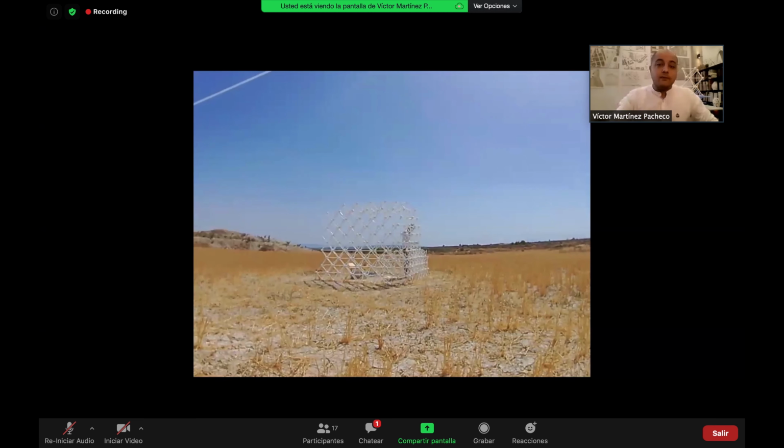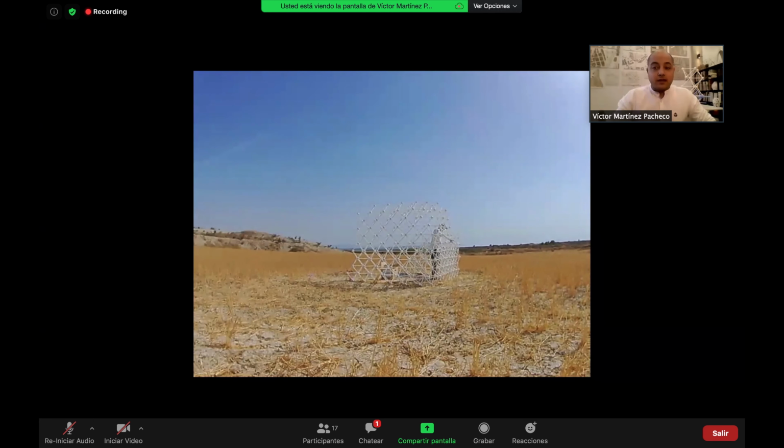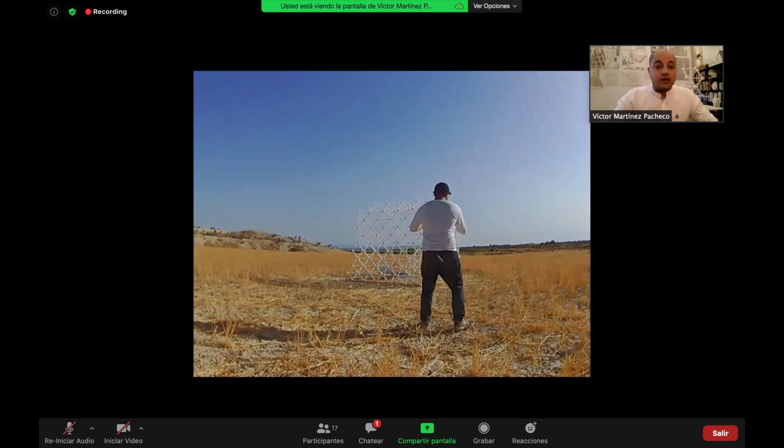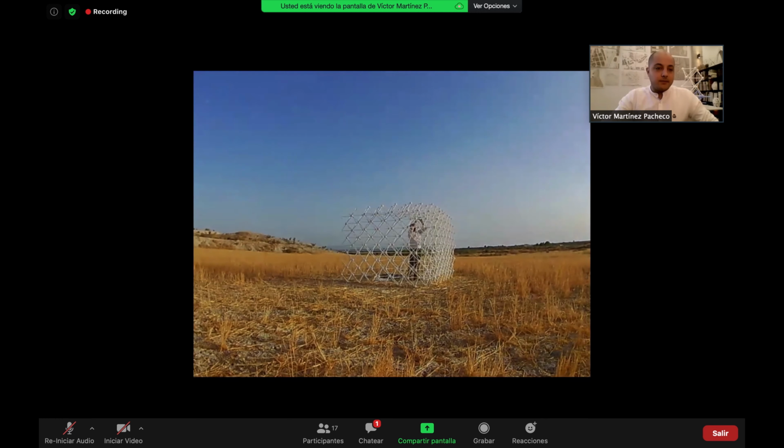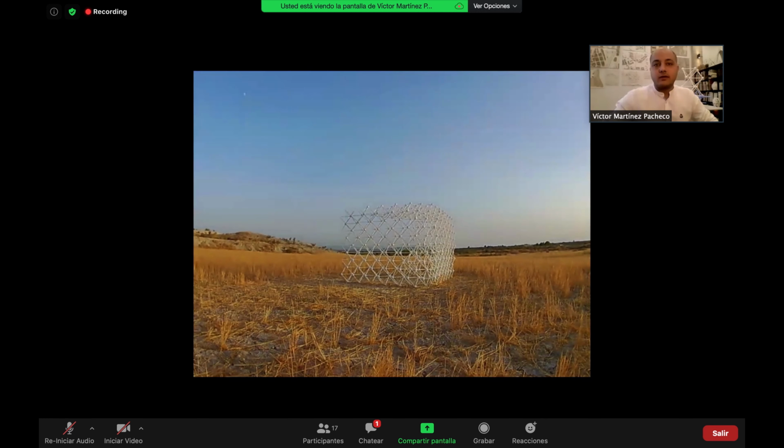As you can see in the time lapse, the assembly of the real scale prototype of 10 square meters took less than a day for a single person. These images were recorded last summer.